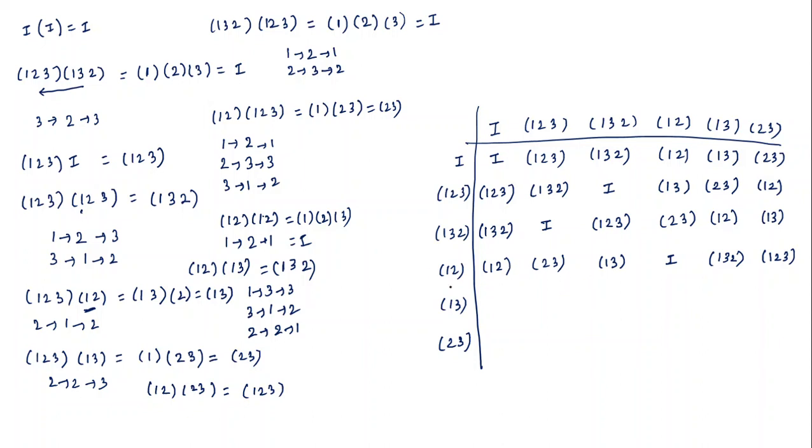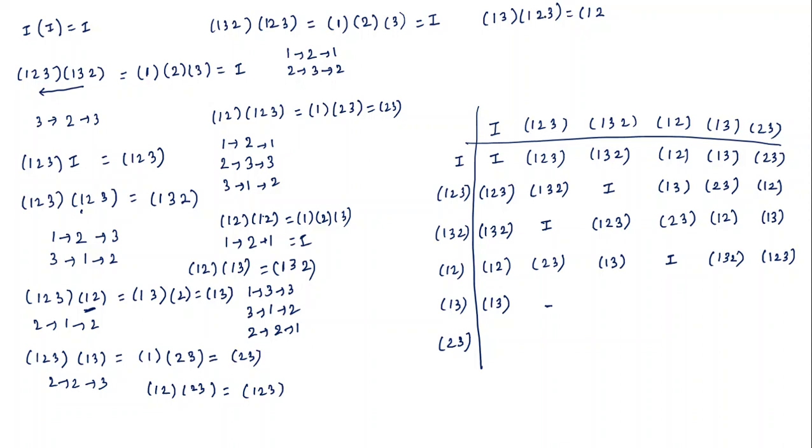Now here of course we will be having (1 3) itself, and now let us see what will be here. So I'm writing here (1 3) operated with (1 2). Okay, so 1 is mapped to 2, 2 to itself. So the image of 1 will be 2.